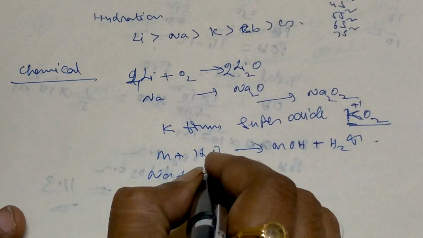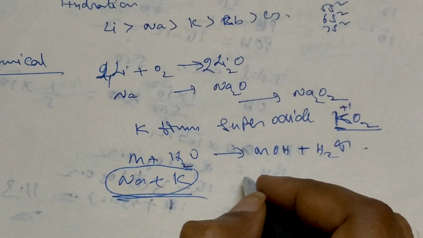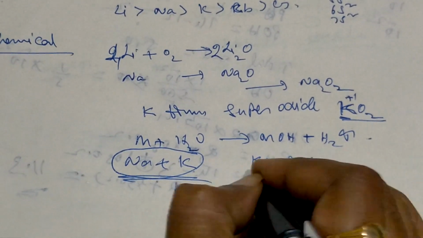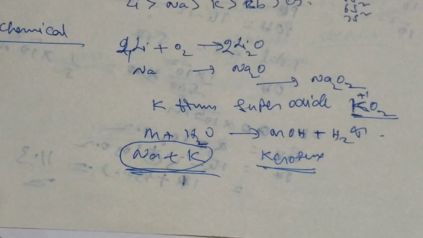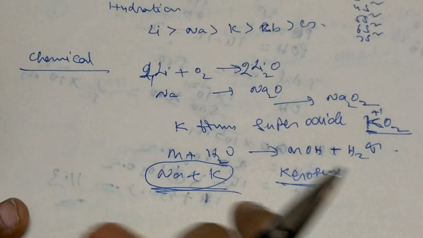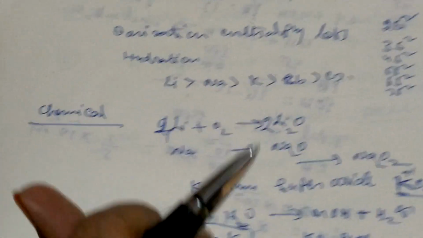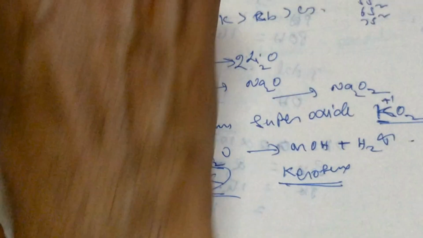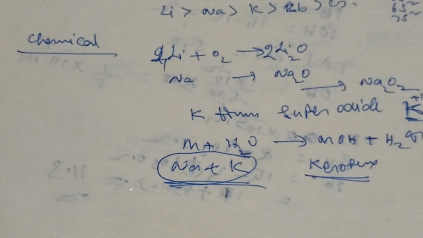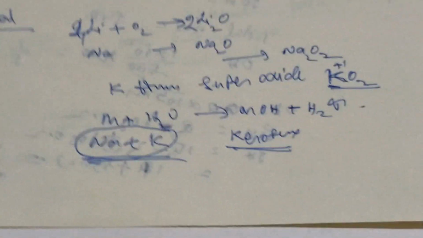So how to store them? They are stored in kerosene. Particularly sodium and potassium need to be stored in kerosene, since they react with water very vigorously and give hydroxides, whereas lithium is less reactive. We will see the reaction with hydrogen, with the halogens, and other reactions next. Thank you.